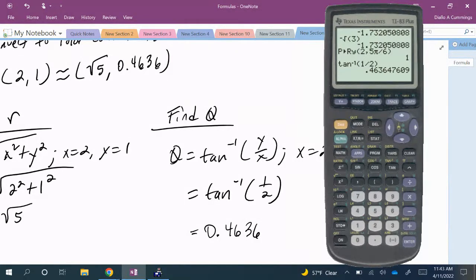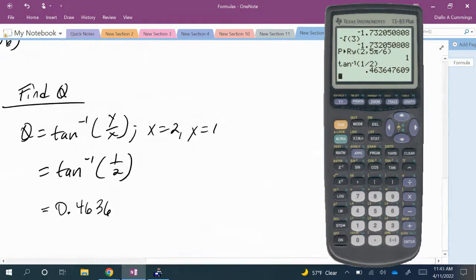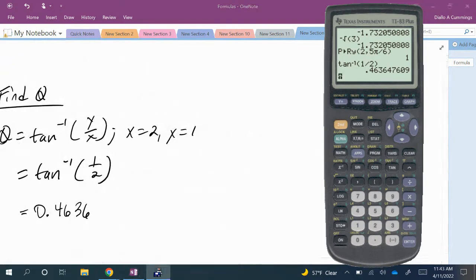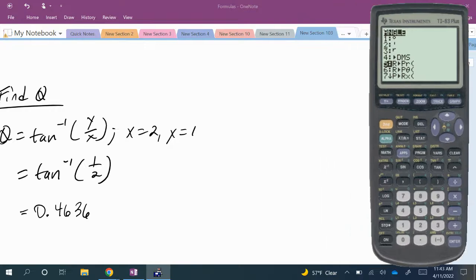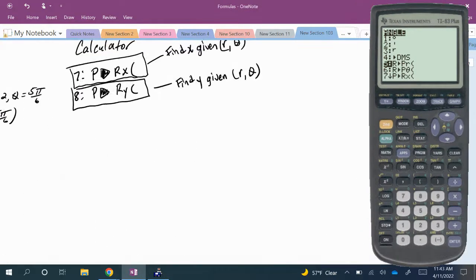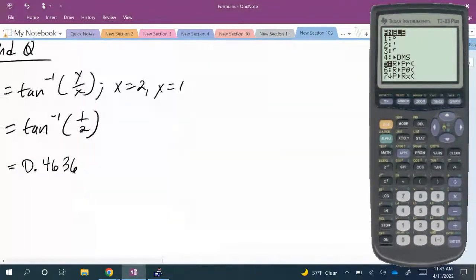All right, we can also use the calculator to check our work. So I'm going to go back into angle, and here we're going to concentrate on the 5th and the 6th functions.